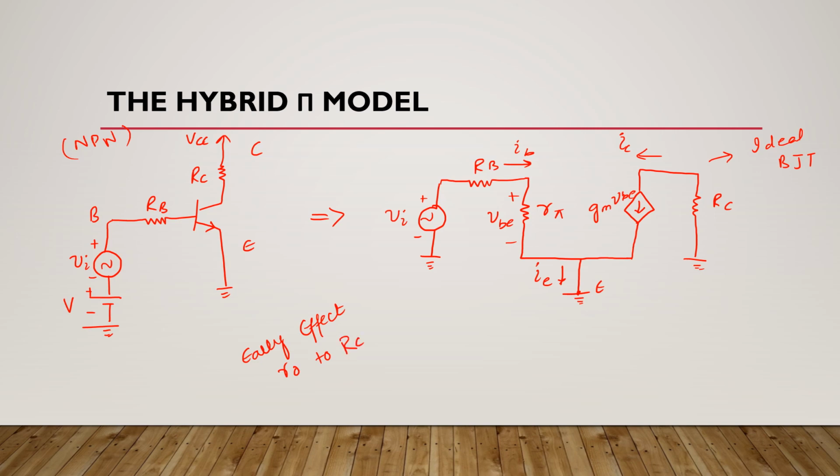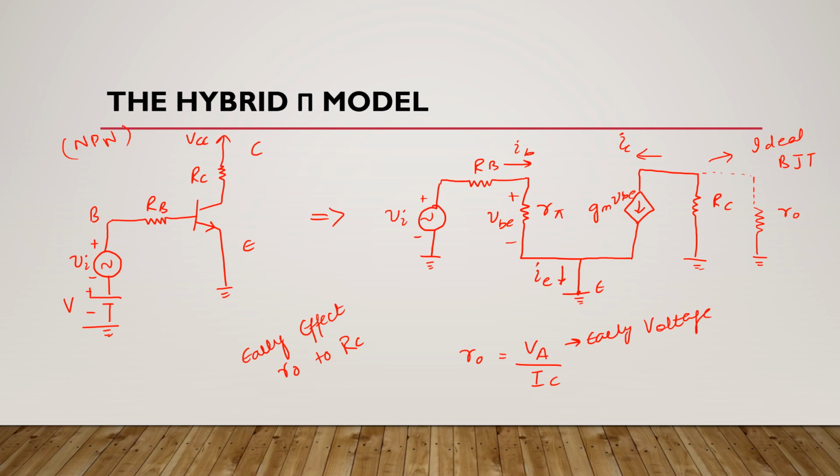It means here you will add R0 in parallel. We know that R0 is equal to VA divided by IC, where VA is the early voltage.